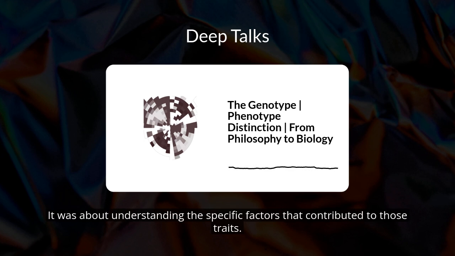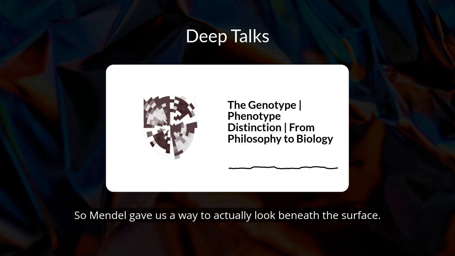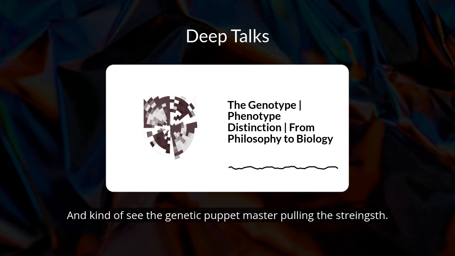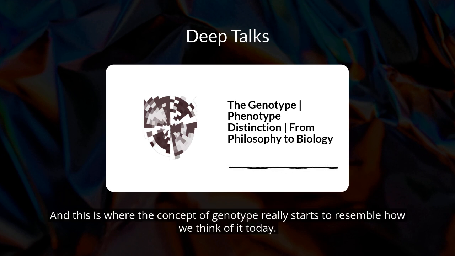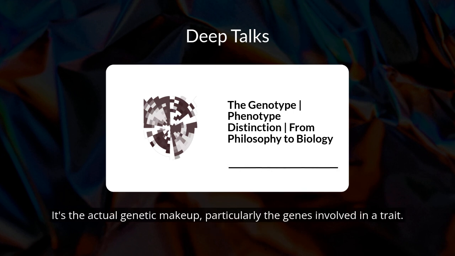It was about understanding the specific factors that contributed to those traits. So Mendel gave us a way to actually look beneath the surface and see the genetic puppet master pulling the strings. Yes. And this is where the concept of genotype really starts to resemble how we think of it today. It's the actual genetic makeup, particularly the genes involved in a trait.